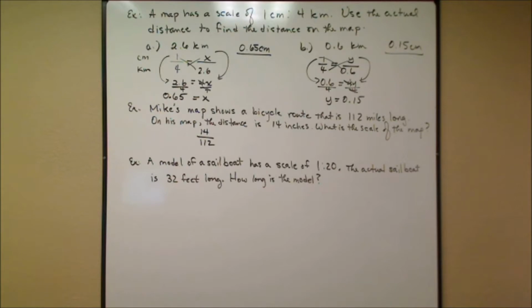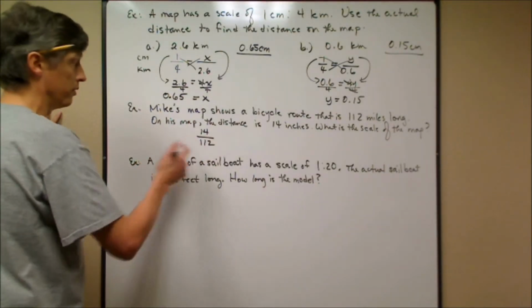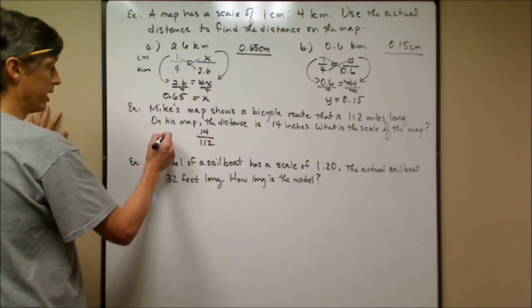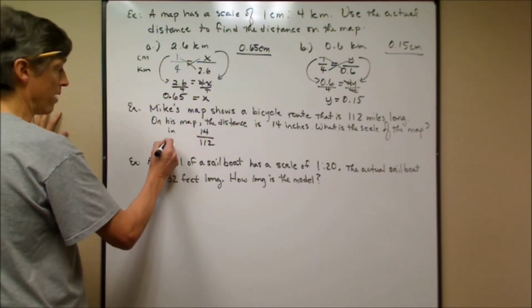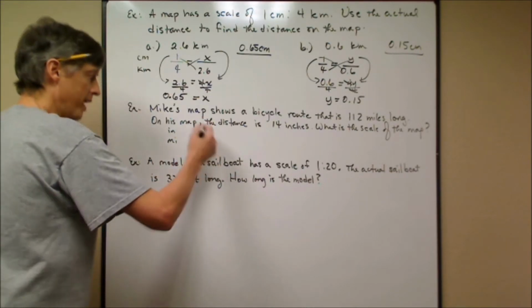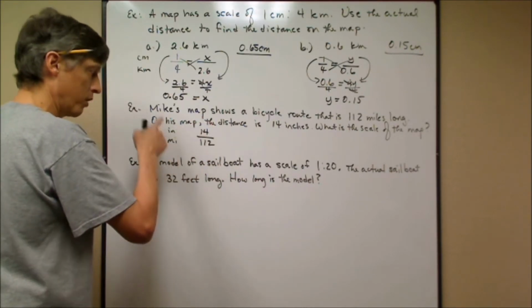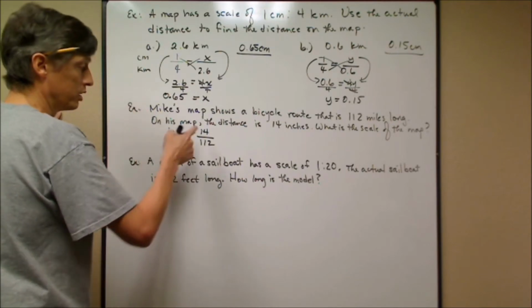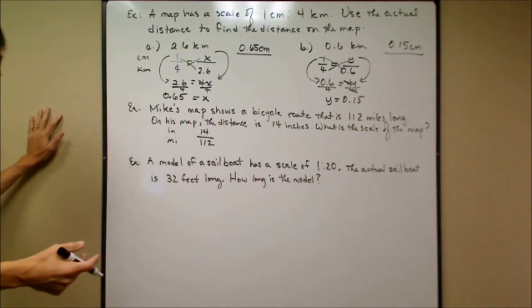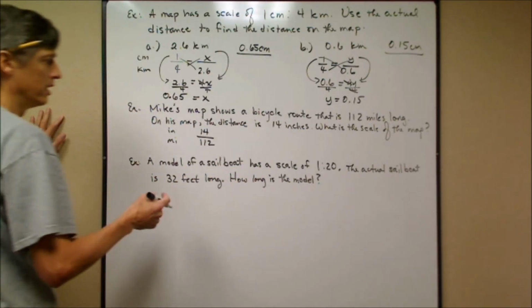Actually, if I want to find the scale for the map, we'll just leave it like this. Now remember, this is inches on top and this is miles on the bottom. I'm going to divide top and bottom to make that a 1 because I want to know how much 1 inch represents. So it's kind of like the unit amount, the unit price.